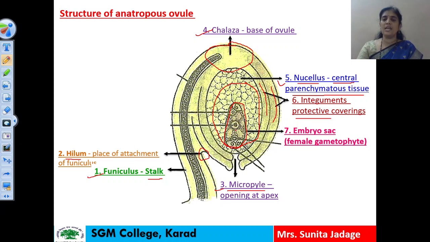Inside this embryo sac a number of cells and nuclei are present. Let us see how the embryo sac is and what the different structures inside it are.